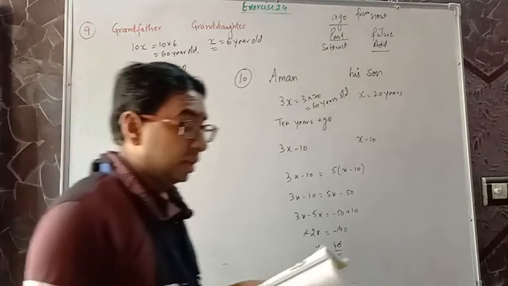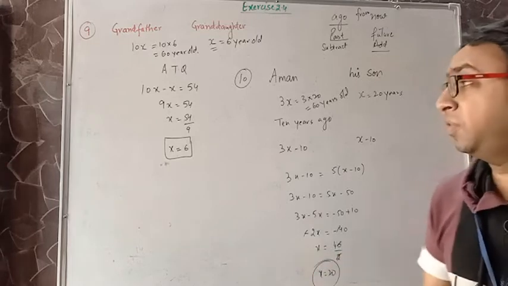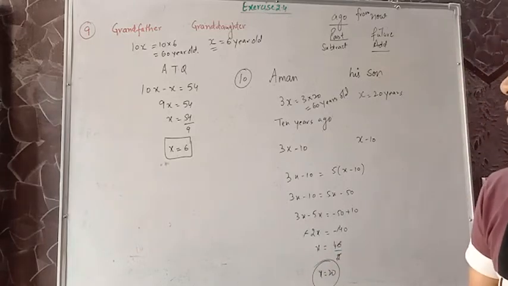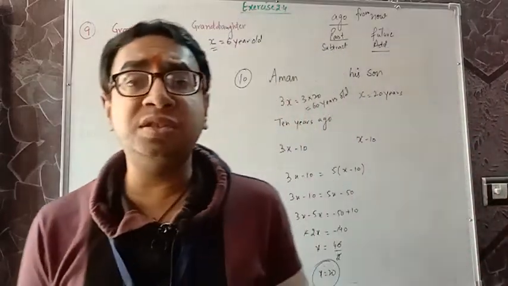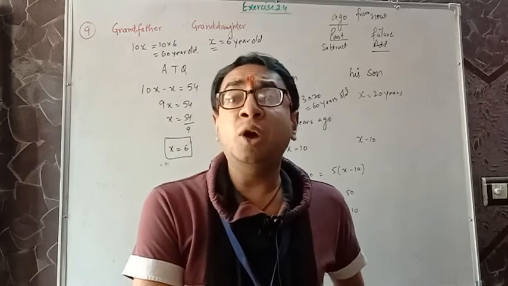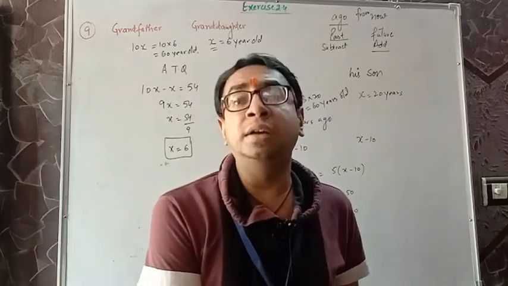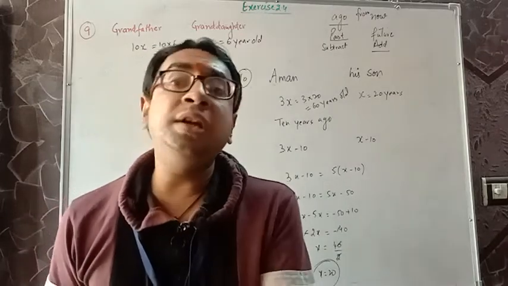Clear? Now we'll be starting with exercise 2.5. In exercise 2.5, what we will do? We'll convert the complex equations. Here complex means a little bit complicated, not complex in a different form. So complex equations will be converted into simpler form.